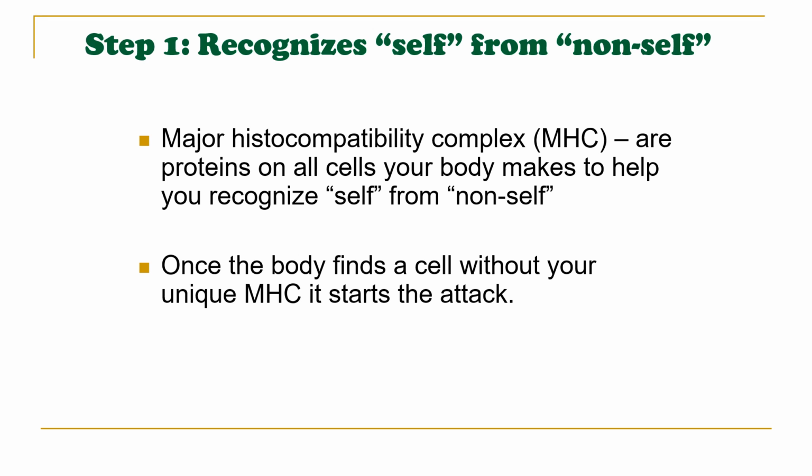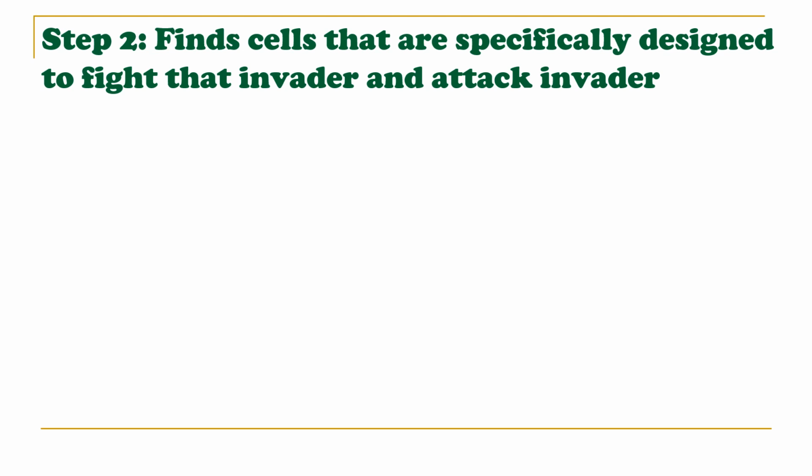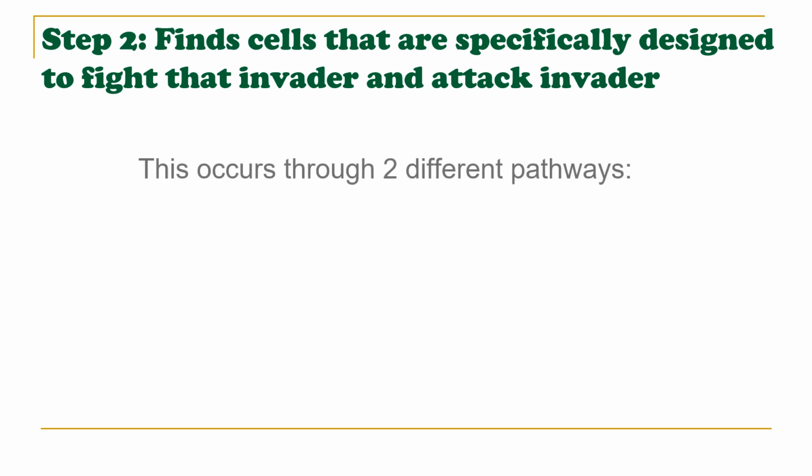Let's go back to a normal pathogen invader and recognizing self from non-self. So once your body finds a cell that it doesn't recognize, that doesn't have your little MHC flags on it, then it finds cells that are specifically designed to fight that specific invader, and then it attacks that specific invader.